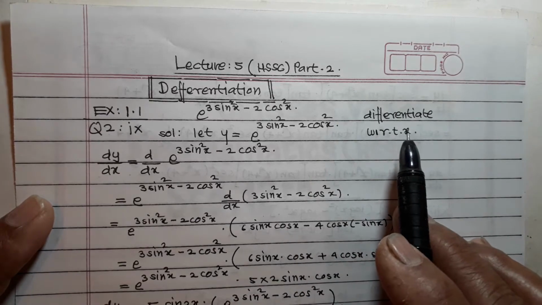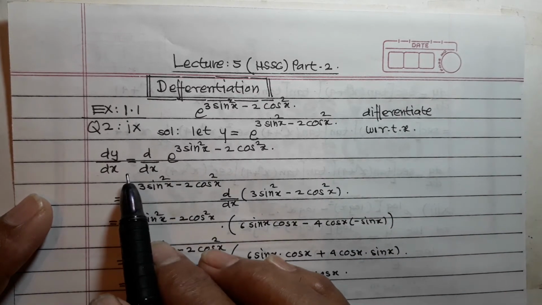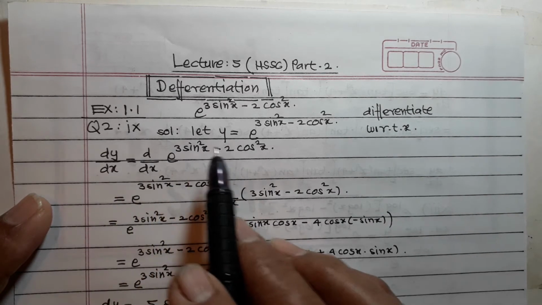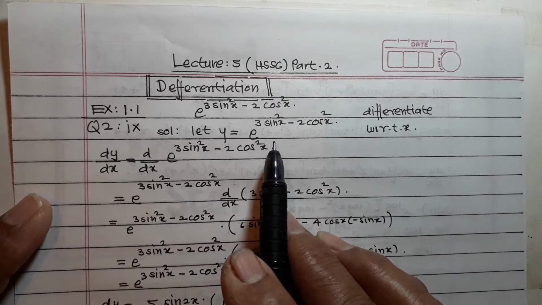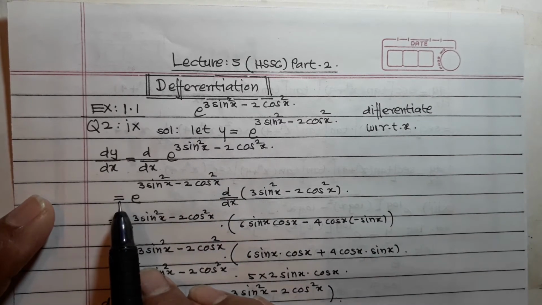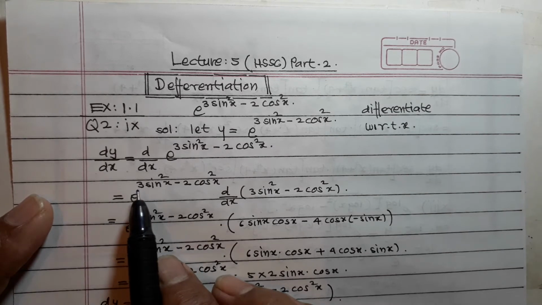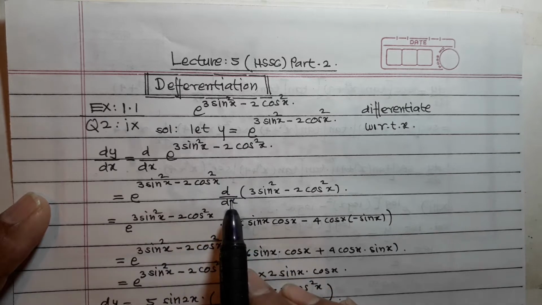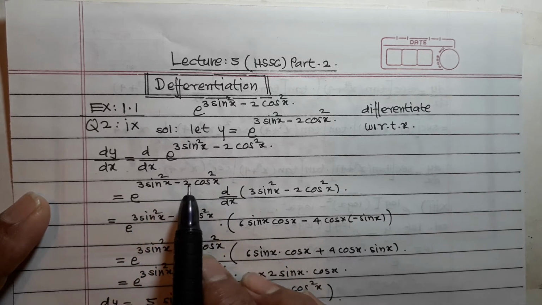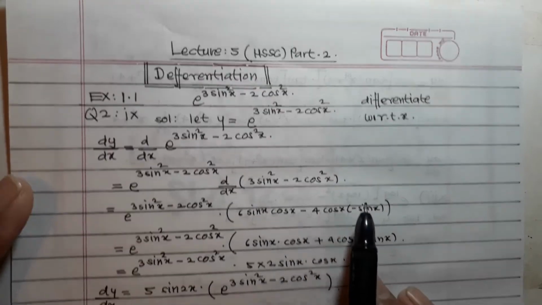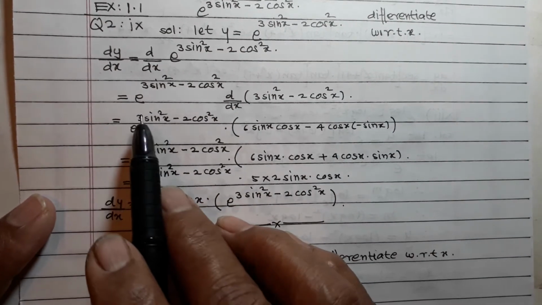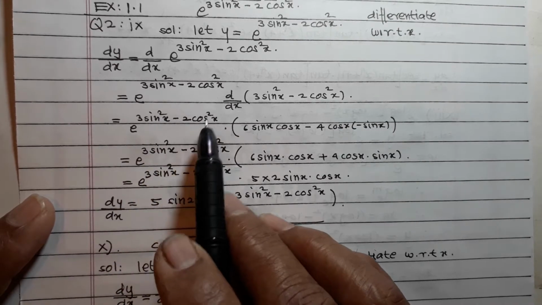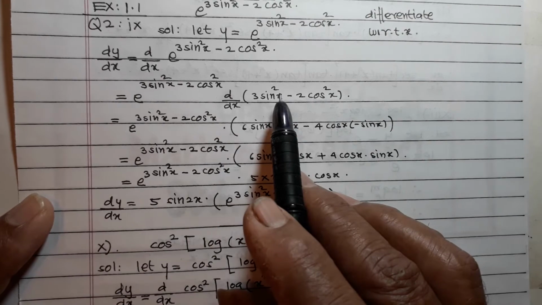Differentiate with respect to x. dy/dx is equal to d/dx of e raised to 3 sin² x minus 2 cos² x, which is equal to e raised to 3 sin² x minus 2 cos² x into the derivative of 3 sin² x minus 2 cos² x.